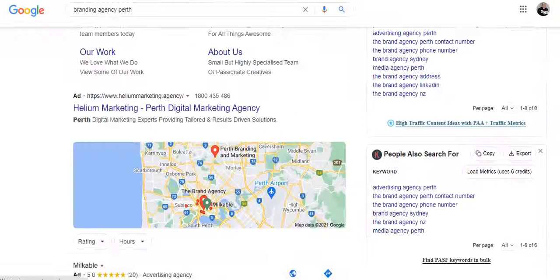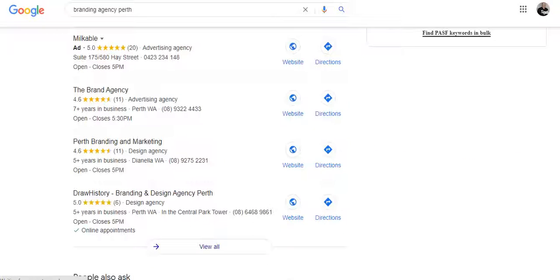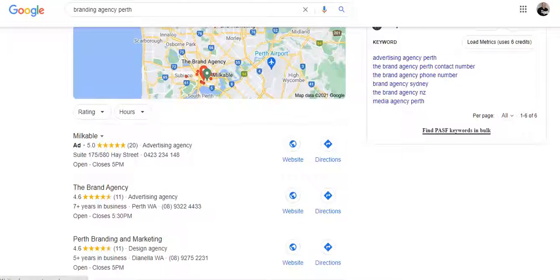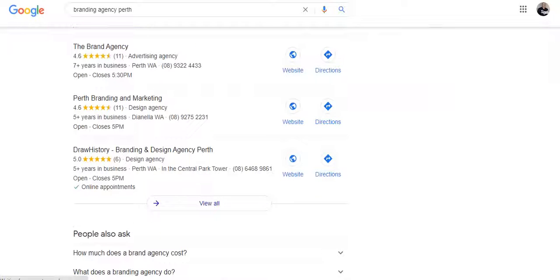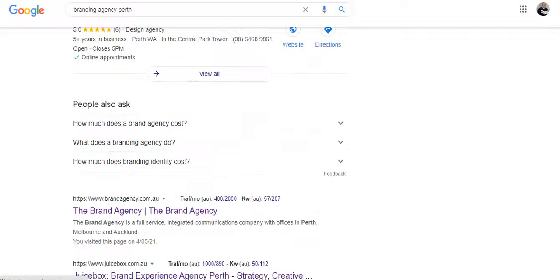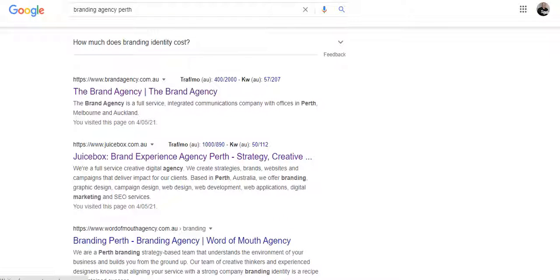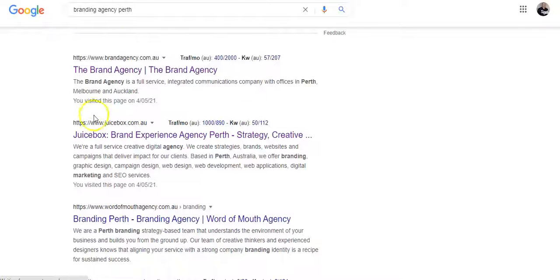So this here is what I mentioned, the map pack, and this is due to your Google registration. People who are registered with Google are the only people you'll find in the map pack. And then it's the organics. Okay, so this is page 1. To get here, you power your site through the backlinks and everything.